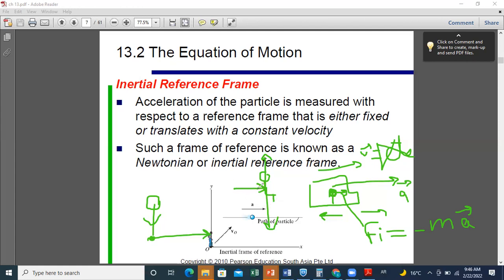These are the forces I can see in such a frame. However, if I consider the frame of the car, in addition to these forces, I will experience the inertial force.